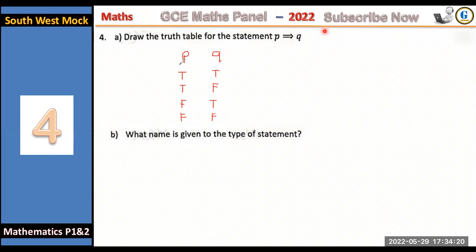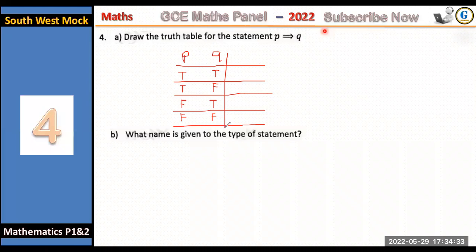We can now make these lines to be like this. The next line, the next, and the last. All right, so from here now, I'm going to put P implies Q here.